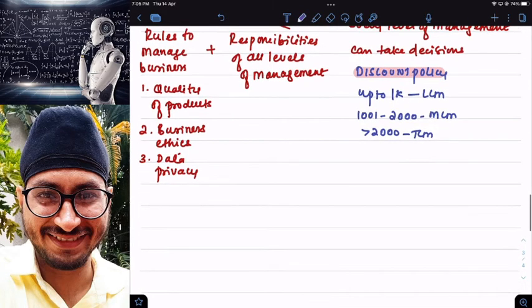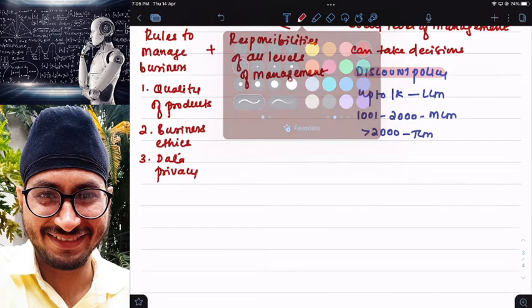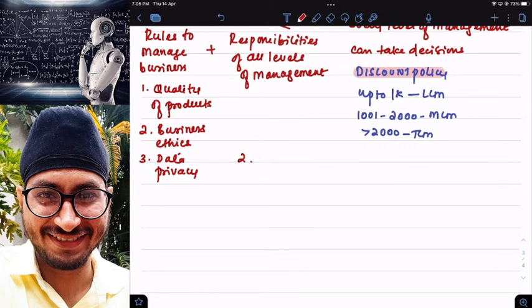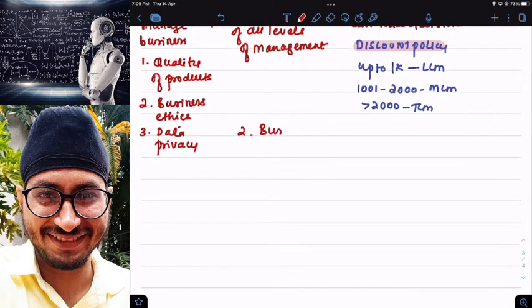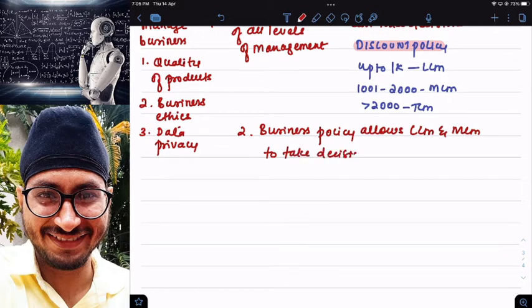Next, point number 2. Business policy allows lower level management and middle level management to take decisions without consulting top level management.